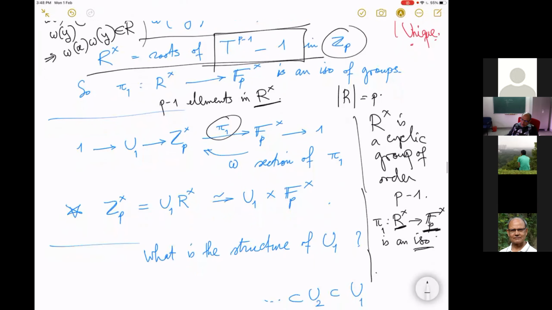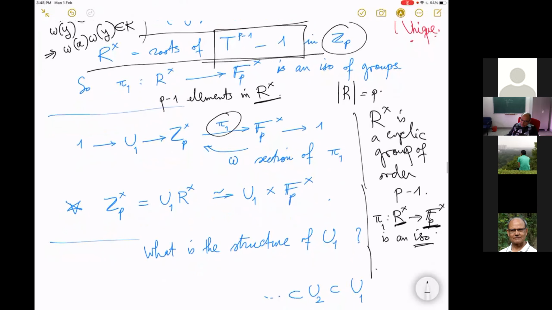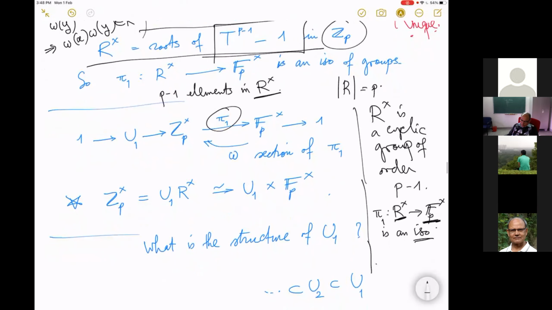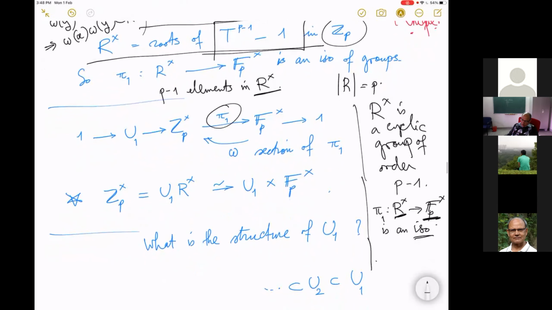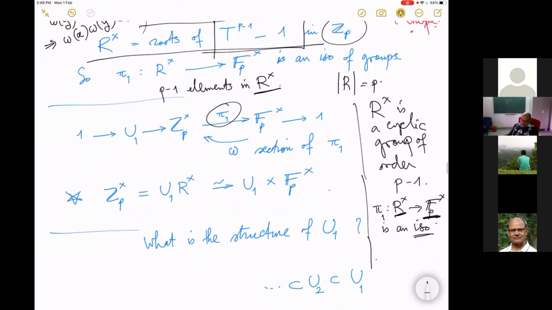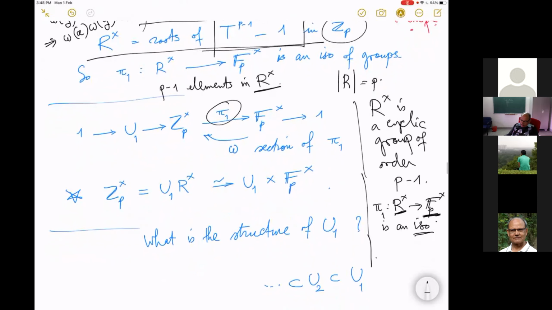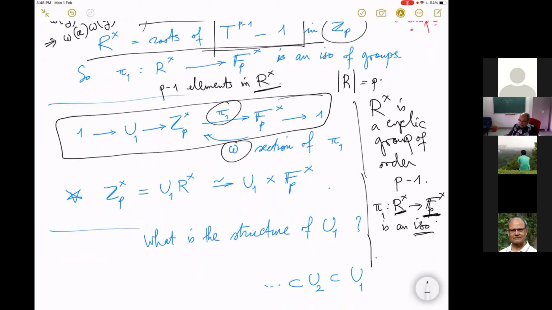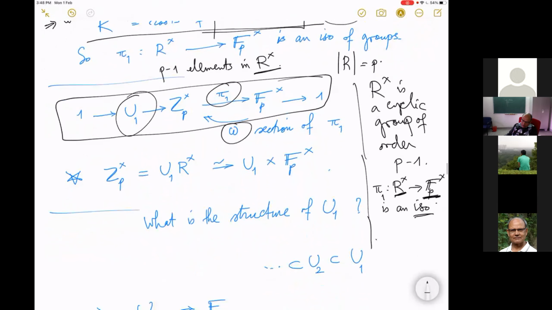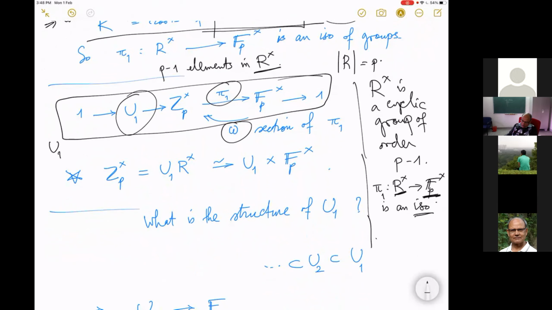So what we have got is, here, let's look at this exact sequence. I've got Zp star, and pi 1 is a surjection onto Fp star, and I've got this omega, which is a section. And I call U1 the kernel of this exact sequence. So U1 consists of what? U1 is the set of all 1 plus ap, where a is in Zp.